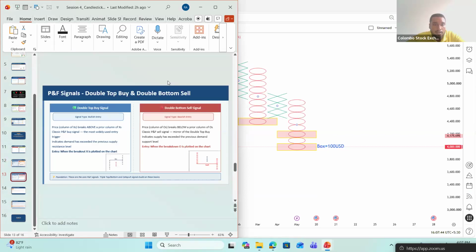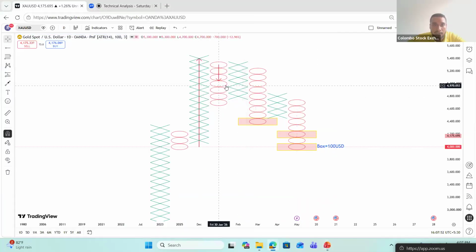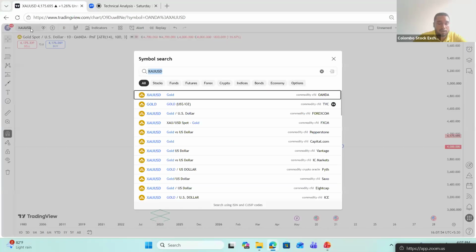There are many types of trends and signals we can get from the point and figure chart, but the most important ones are these. I'll switch to a different chart because we have very limited X's and O's here.